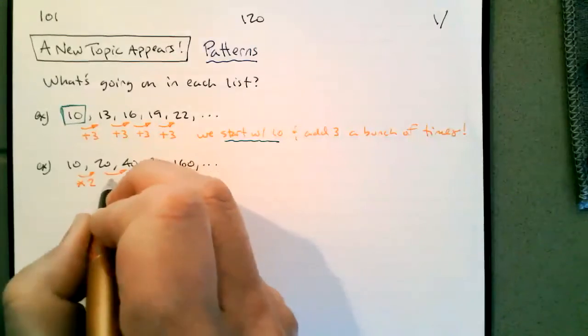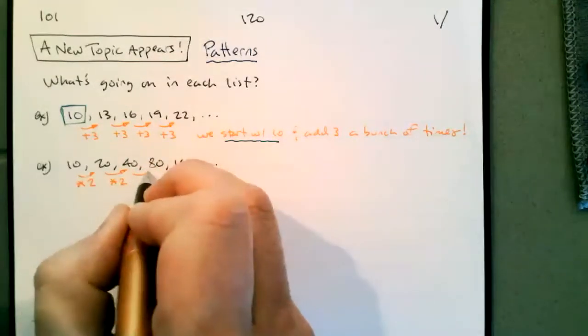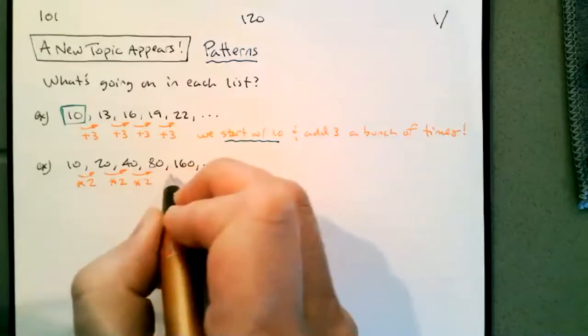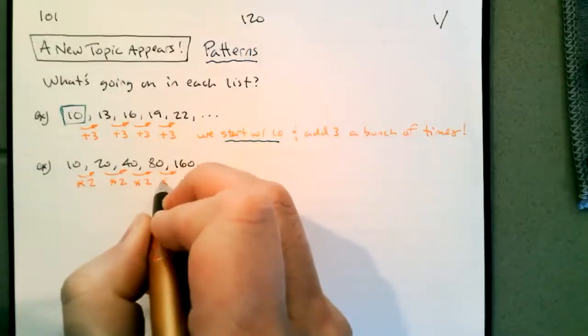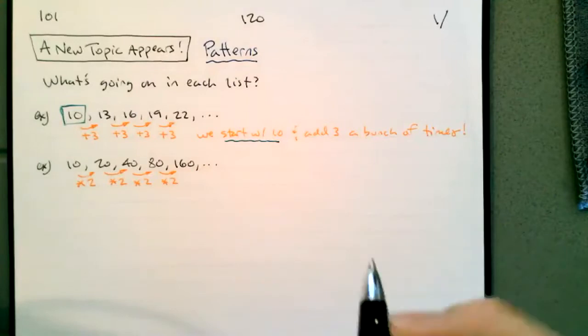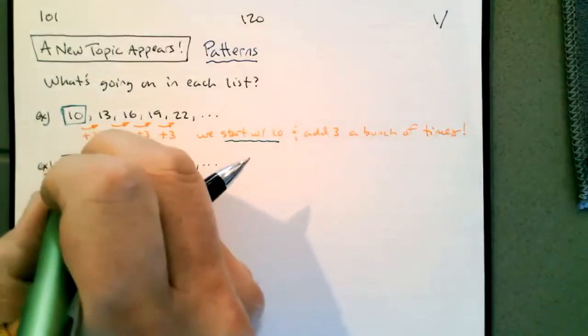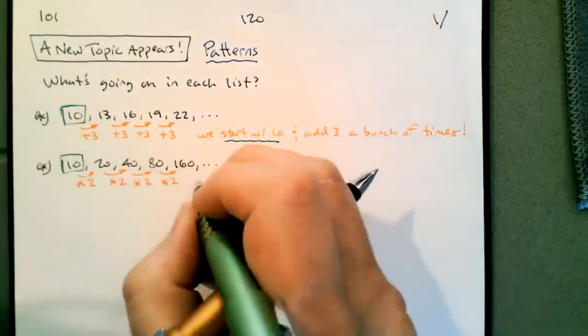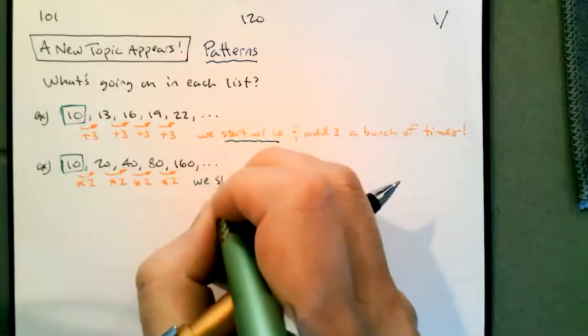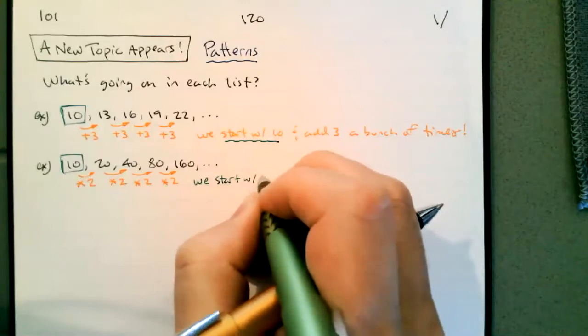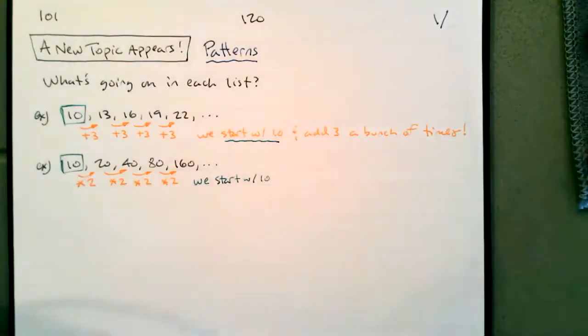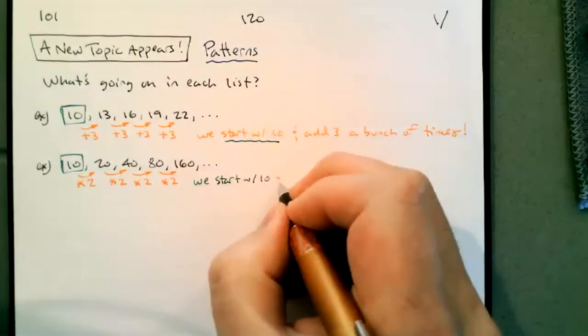And then from 20 to 40 we're multiplying by 2. From 40 to 80, we're multiplying by 2. From 80 to 160, we multiplied by 2. So in this case, I started with the same amount, I started with 10, and then multiply by 2 a bunch of times.